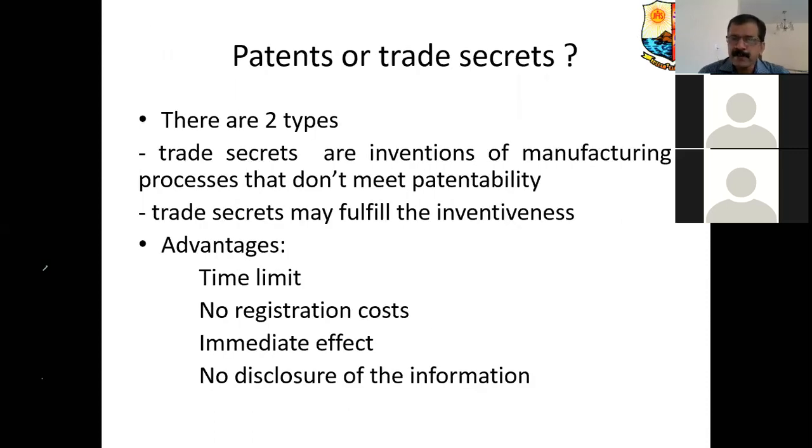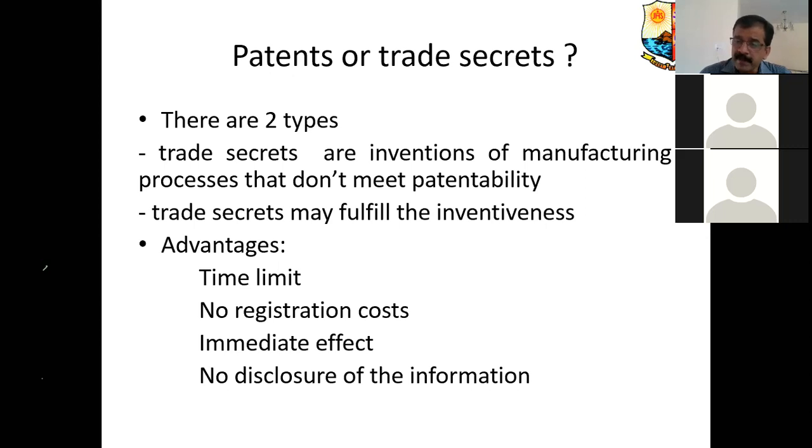Now, what is the difference between patents and trade secrets? When I say trade secret, there are two types. Some trade secrets are like inventions or manufacturing processes that do not meet patentability, so they are not worth patenting.